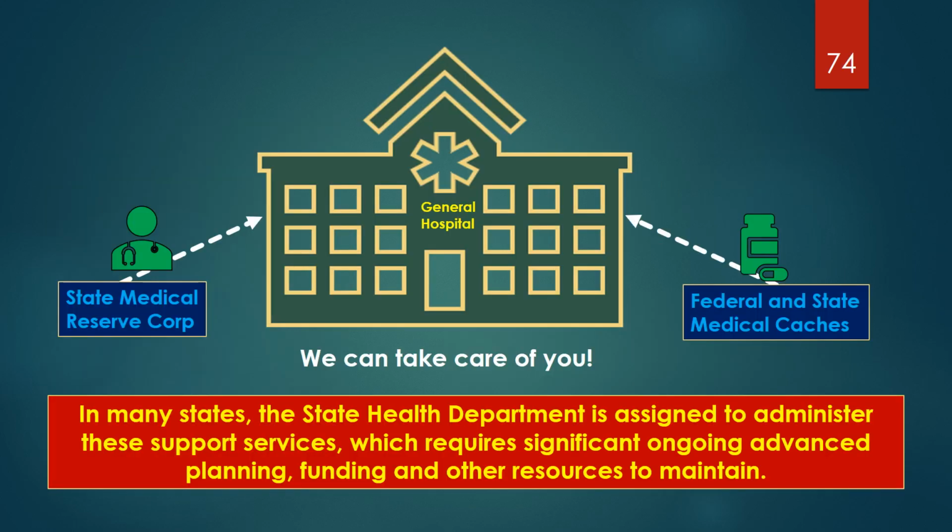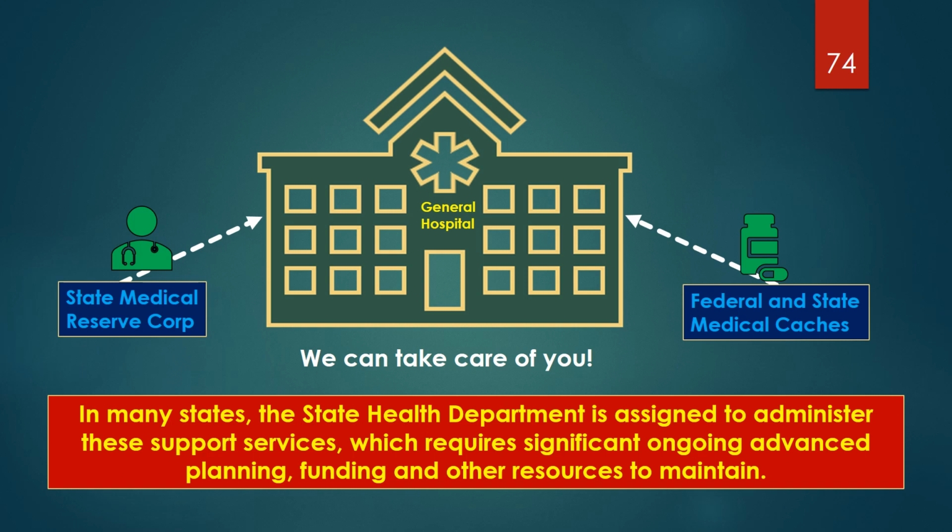Other resources available to support hospital surge capacity include State Medical Reserve Corps and federal and state medical caches. The Medical Reserve Corps are volunteer professionals who have agreed to provide their services when called upon. Federal and state medical caches consist of various disaster support supplies, often including medical equipment and medications.